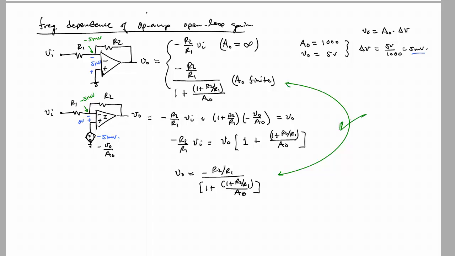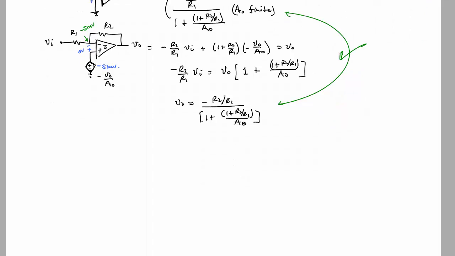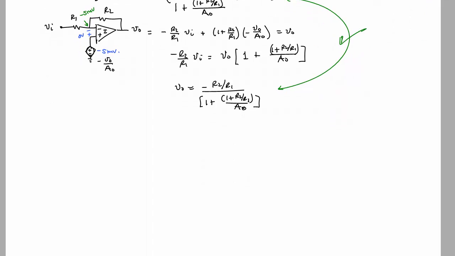Okay, so I just wanted to show you that, because now if we want to look at how a non-inverting op amp responds to having a finite open loop gain, we can do that by inspection. So non-inverting op amp.